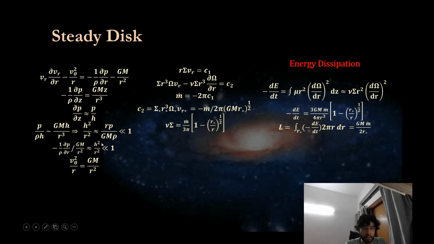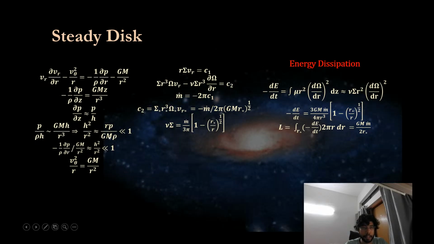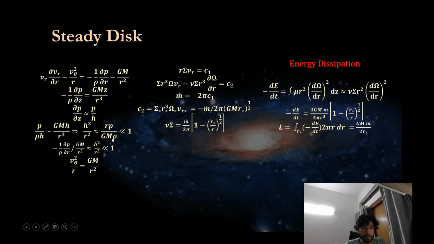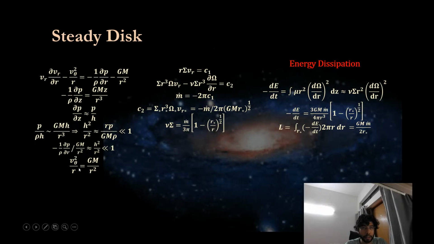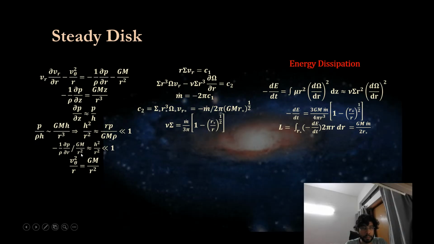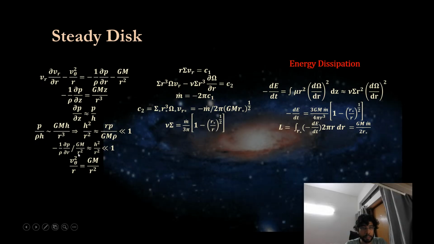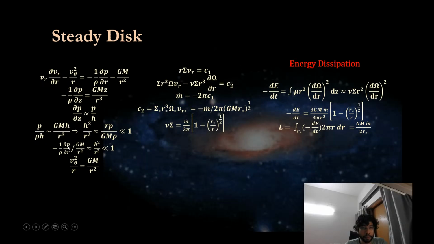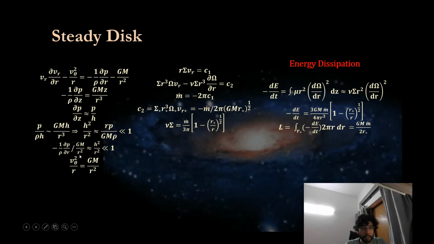So what we get from this: are there any terms which we can neglect? Using this approximation, we look at these two terms in the radial component equation. If we do a similar order of magnitude analysis, this will be 1 by rho dp by dr divided by GM by r square.